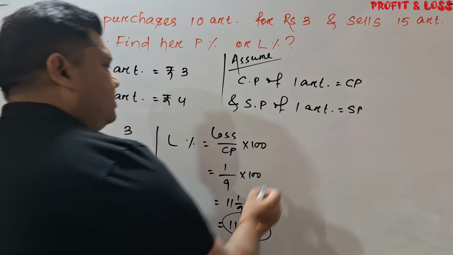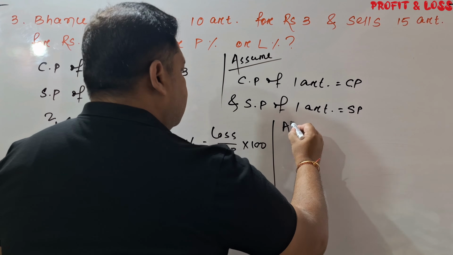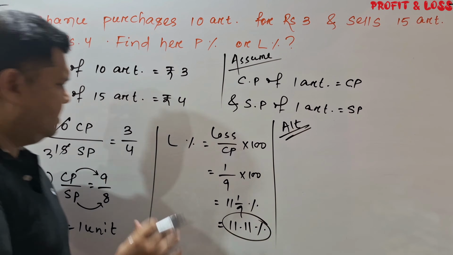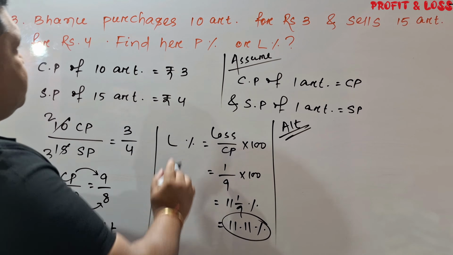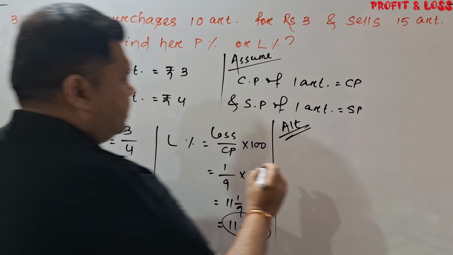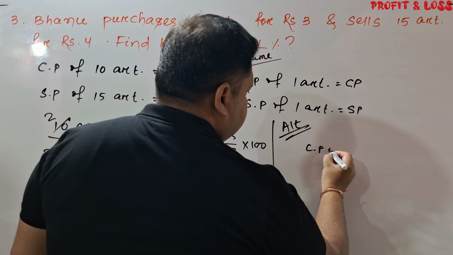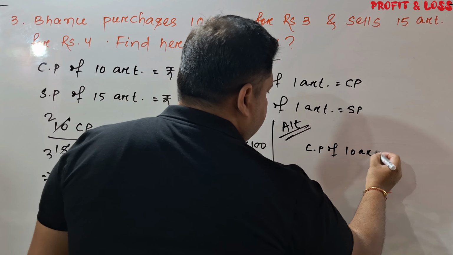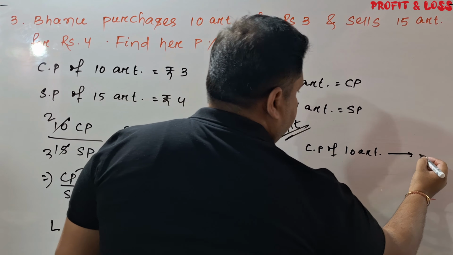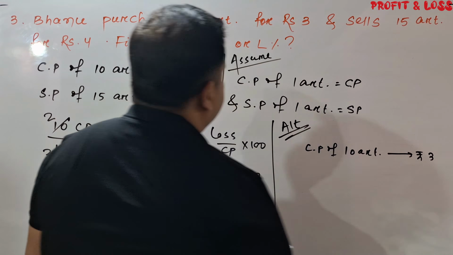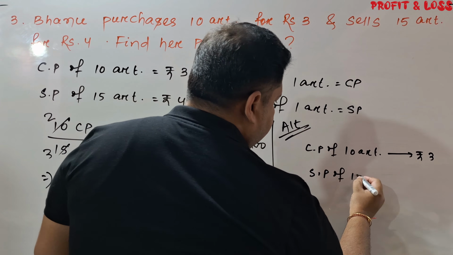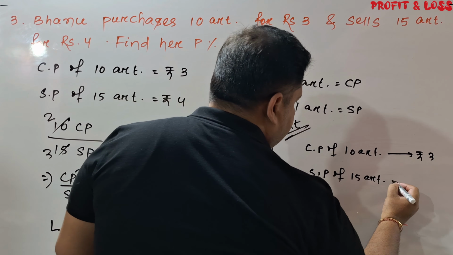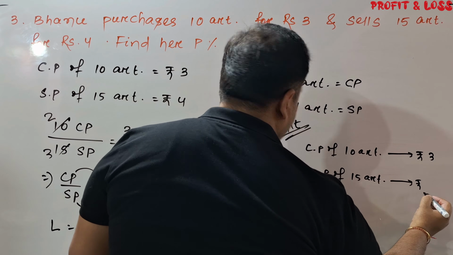Sir, any other method? Yes, alternative methods are there. Look here. This method is a very easy one. Different method. Here it is given: he purchased 10 articles, the price given is 3 rupees, and the selling price of 15 articles is given as 4 rupees.